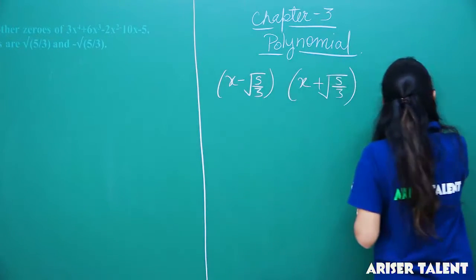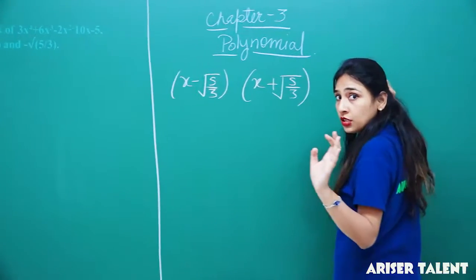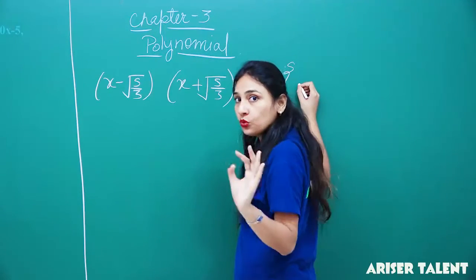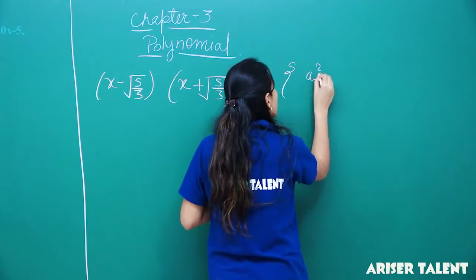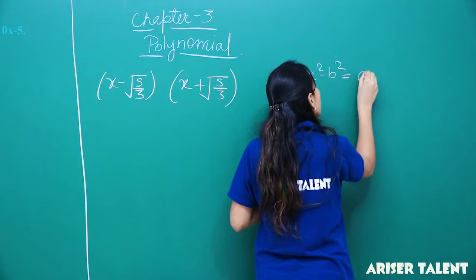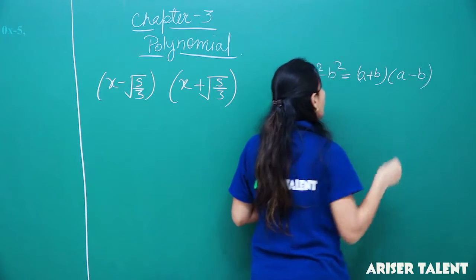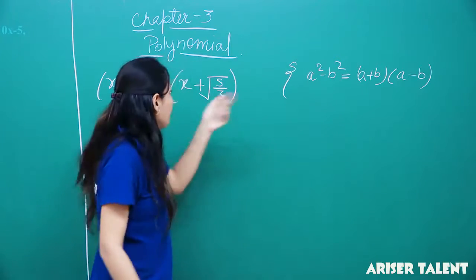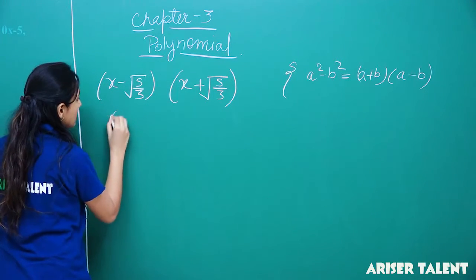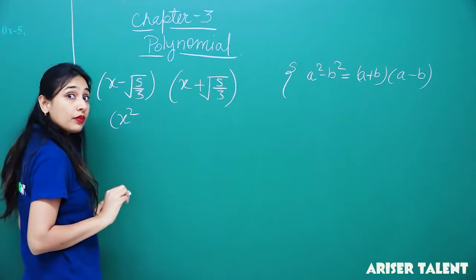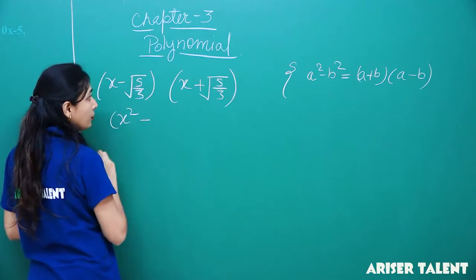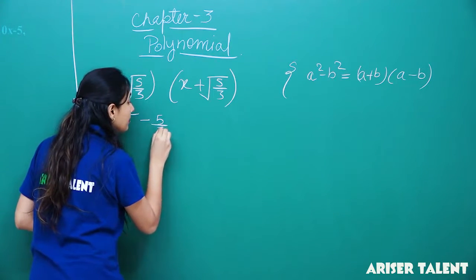Now, I have given you the hint that you will use the formula a square minus b square equals a plus b multiplied by a minus b. By this formula we can write this as x square minus 5 by 3.